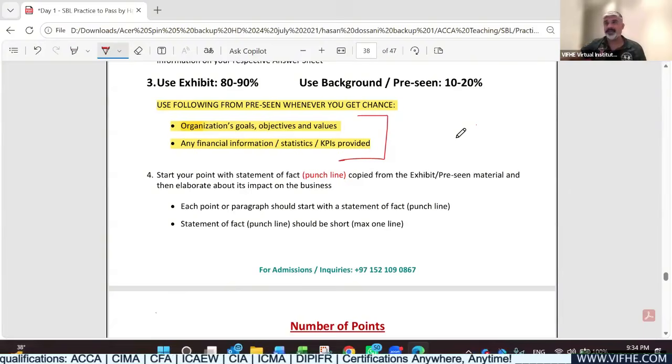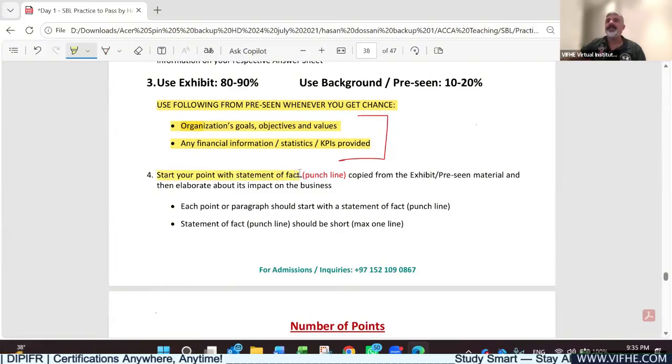It will get you extra marks. I will show it once we start doing past papers. Start your point with a statement of fact copied from the exhibit and then elaborate about its impact. Clear, guys? All right, done.